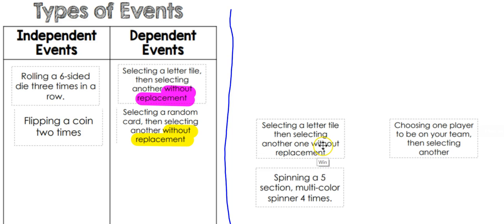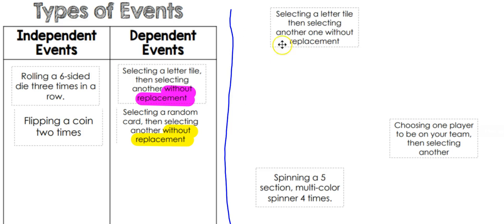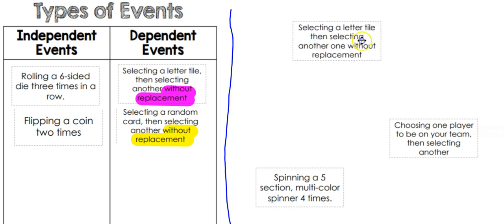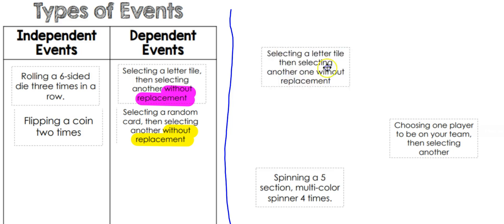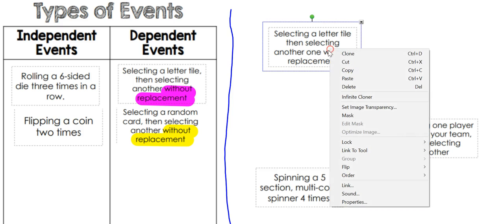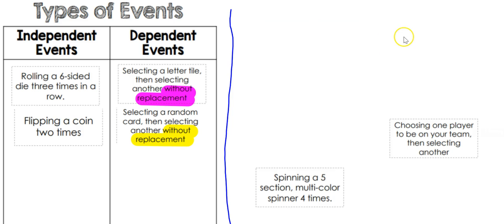Actually, you do have this one twice, so that was an error in the worksheet, but you've already used this one, so we don't need to use it again. You can just throw that one away since it's a repeat. But if it did say with replacement, because you're putting it back in, it would be independent. But you can go ahead and get rid of that.